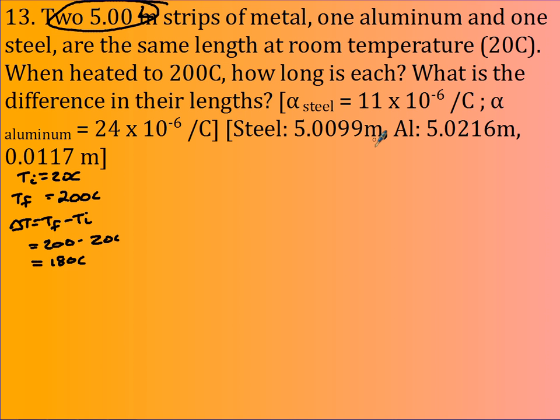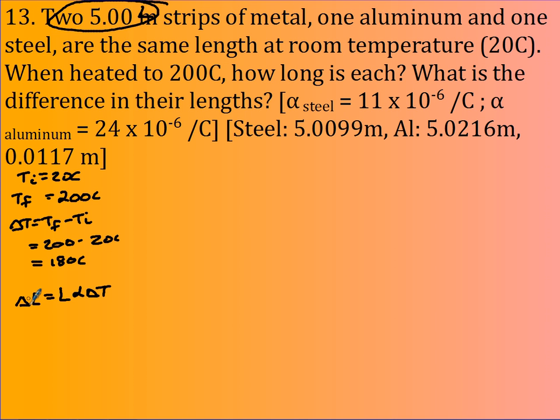So basically, I'm going to do the formula over here, and then I'll break it into steel and aluminum. Delta L is equal to initial length, alpha, delta T. Now they have the same initial length, different alphas.